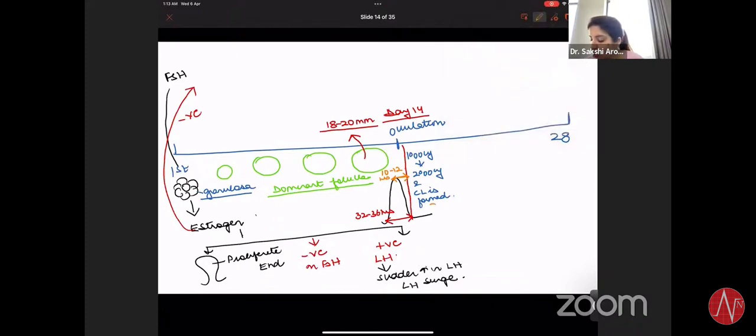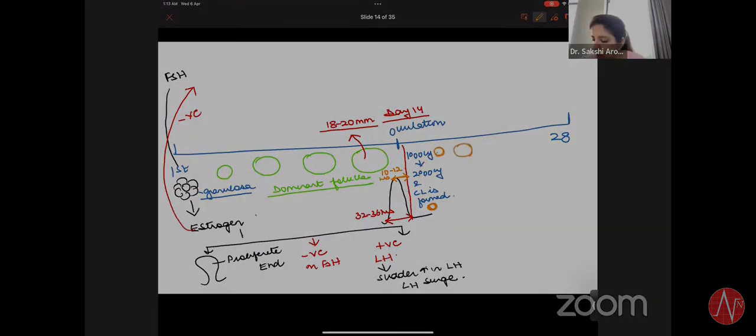I am going to make corpus luteum in orange color. अब क्या होगा? ये corpus luteum धीरे धीरे, because corpus luteum की growth and maintenance depend करती है हार्मोन LH पे. तो जैसे जैसे हार्मोन LH बढ़ेगा वैसे वैसे कॉर्पस लूटियम की ग्रोथ बढ़ेगी. Right?